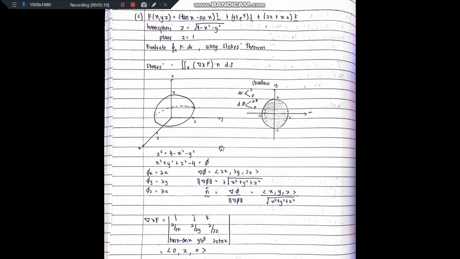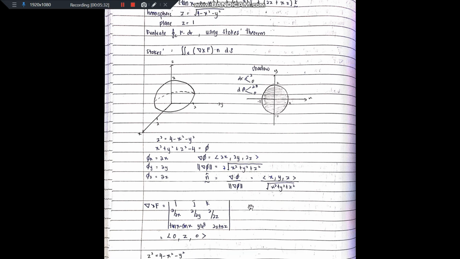And then we arrange the equation to get phi, which is phi equals x squared plus y squared plus z squared minus 4. And then we have to differentiate phi with respect to x, y, and z. From here, we will find the magnitude, and then we get the unit normal vector, which is nabla phi divided by the magnitude.